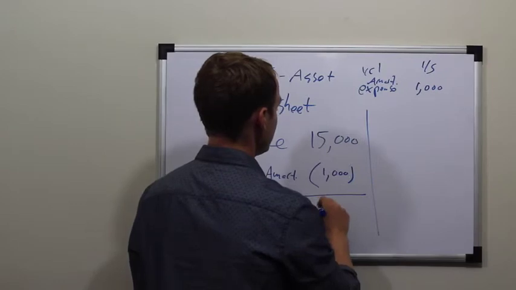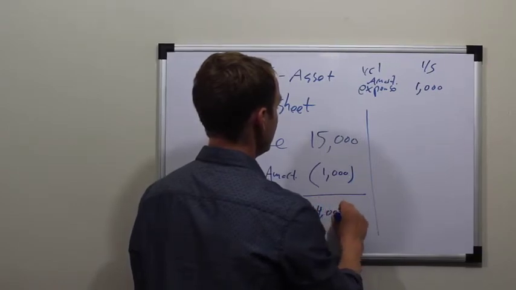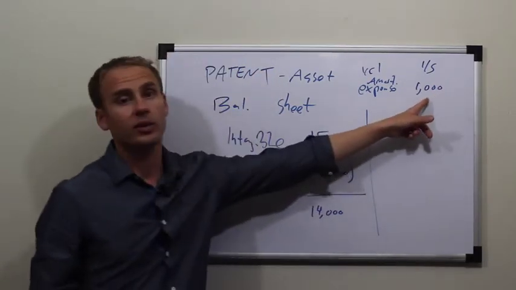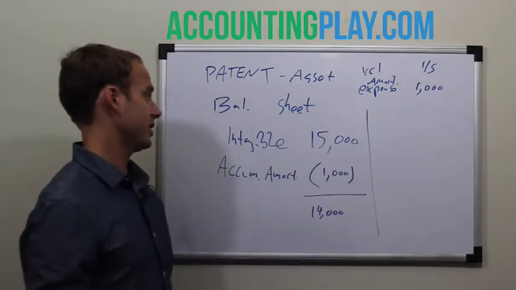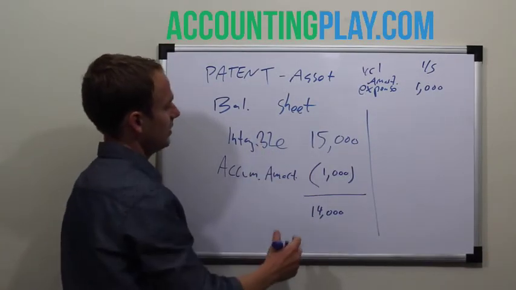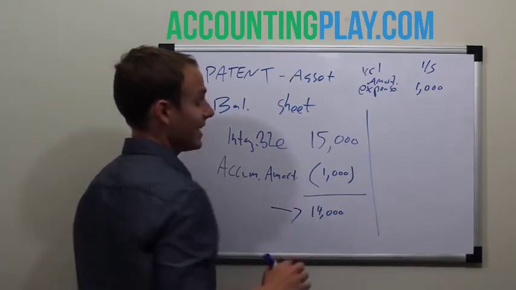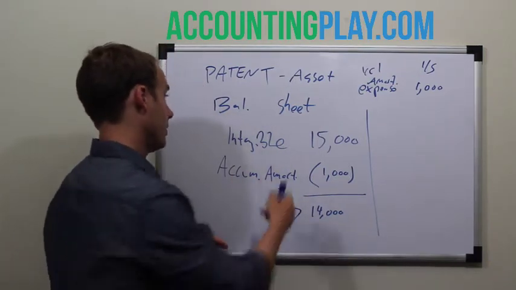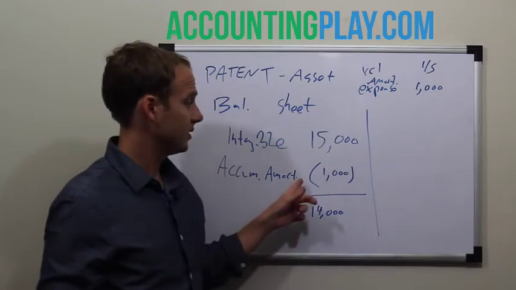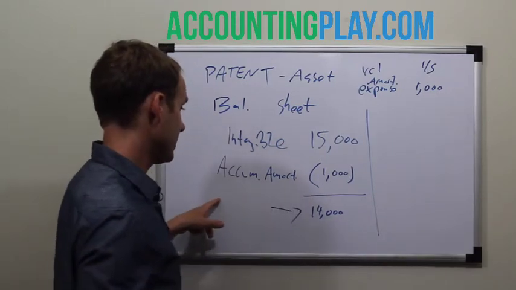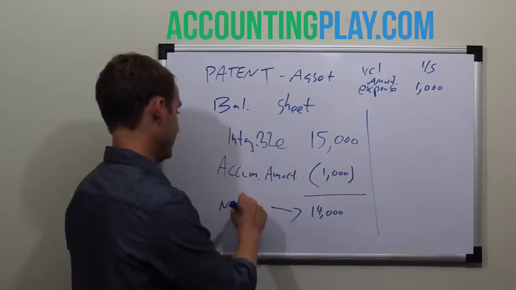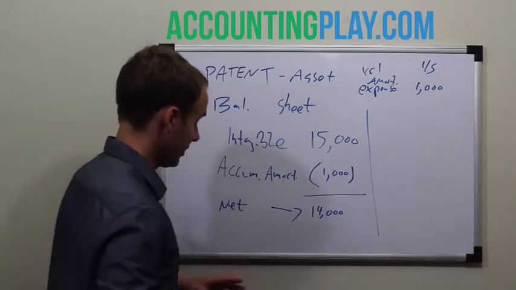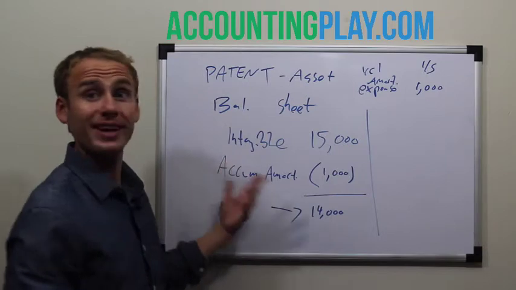So what this is really doing is allowing us to write off the 1,000, expense the 1,000 on the income statement, and on the balance sheet, the net amount, or cost minus the accumulated amortization, equals this 14,000. And this becomes the net book value, the net amount, and the amount remaining.